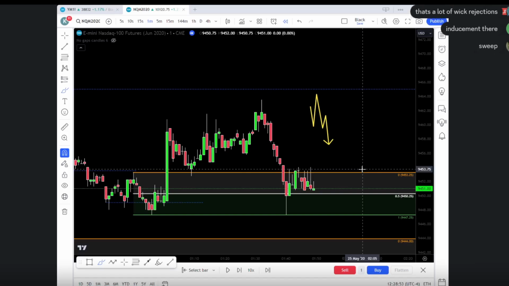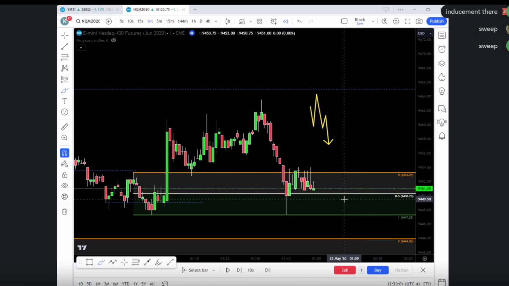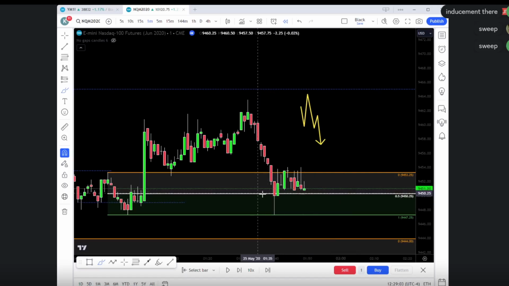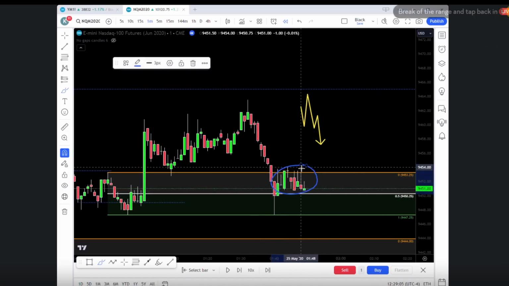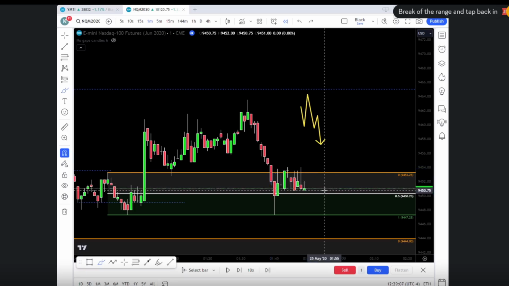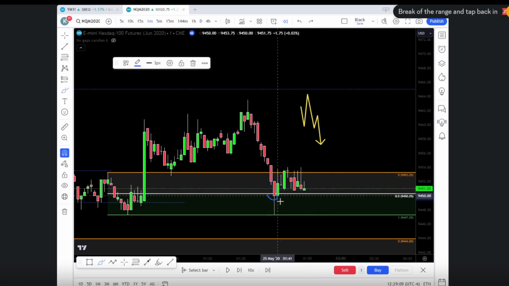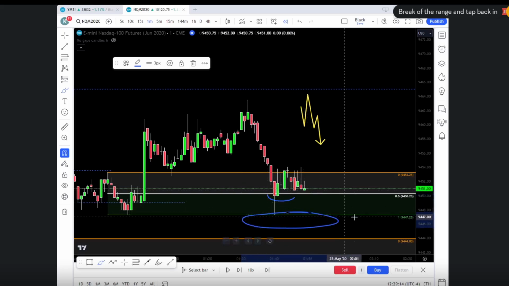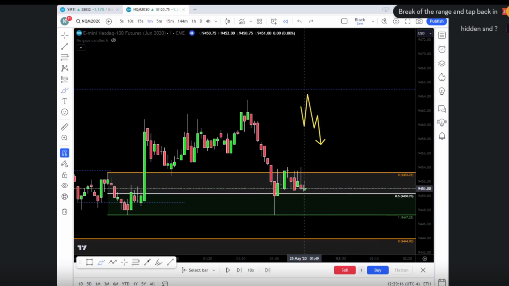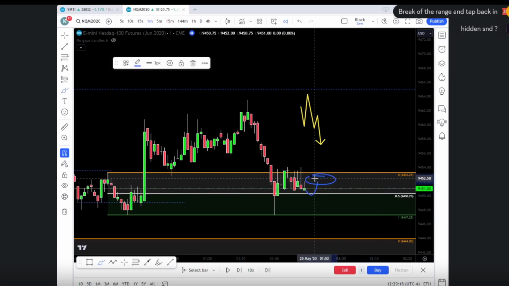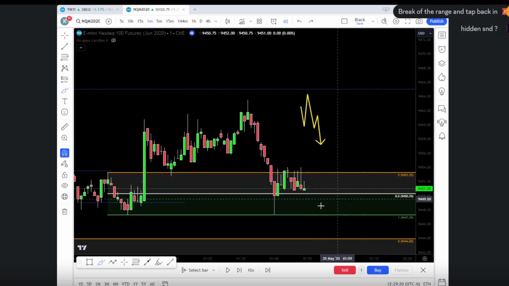Sweet, sweet. Yeah, good. Actually, excellent, guys. Now, this is a nice range here. We could sweep below here without violating our protected low here. And if we close back into here, that might work.